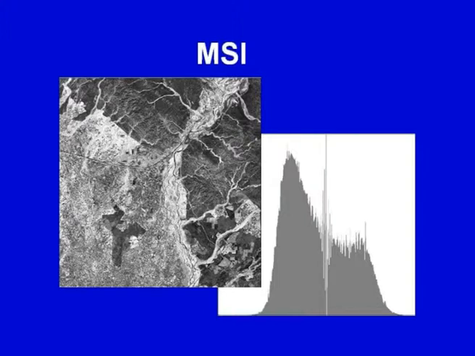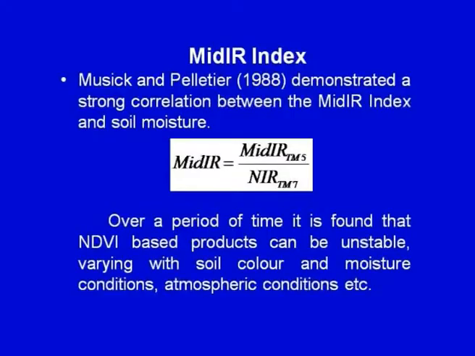The next index is the middle IR index developed by Musick and Pelletier in 1988, wherein they found that a strong correlation between the middle infrared index and soil moisture exists. Thus, they took a ratio of the TM5 to TM7.